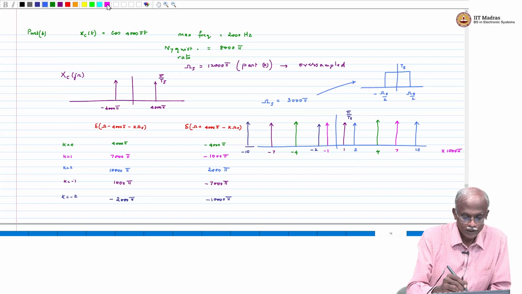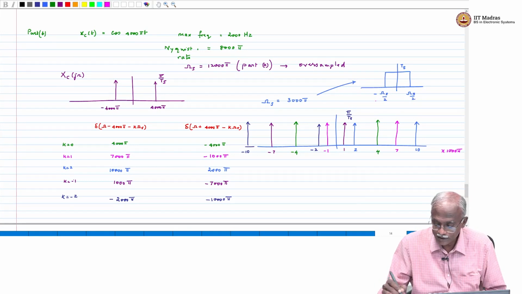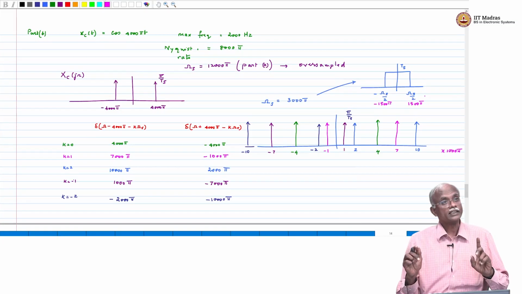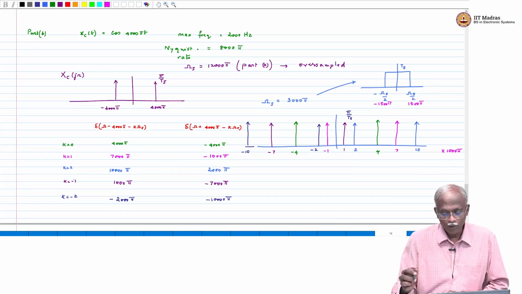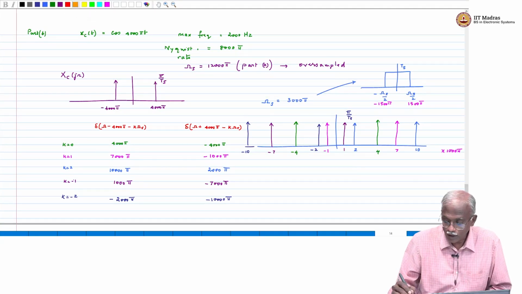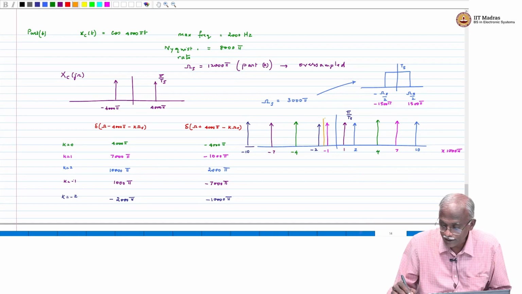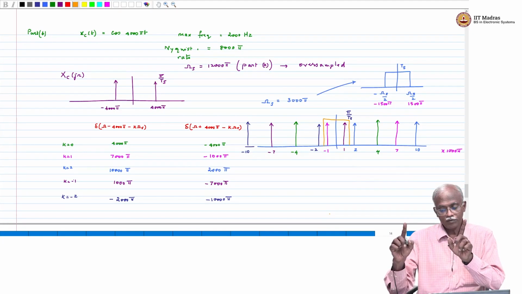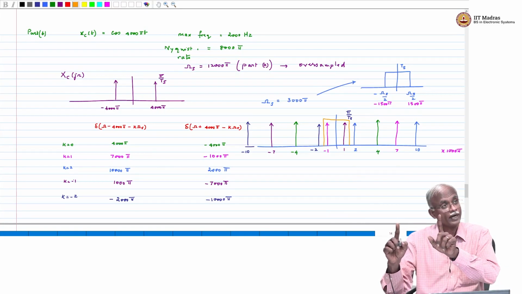So, what is that in actual frequencies? This is going to go from minus 1500 pi to 1500 pi. That is going to be the reconstruction filter. Now, apply the reconstruction filter and let us see which delta functions are actually going to get retained.